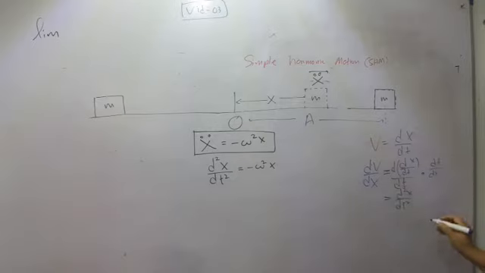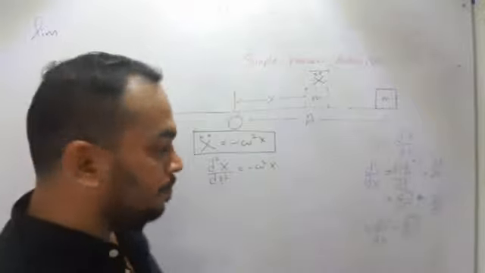And dt over dx, we can write as the reciprocal, 1 over dx over dt. dx over dt is v. So we can write this as dv over dx is equal to d squared x over dt squared. Right. So what we did here is that we replaced this quantity with a different derivative.